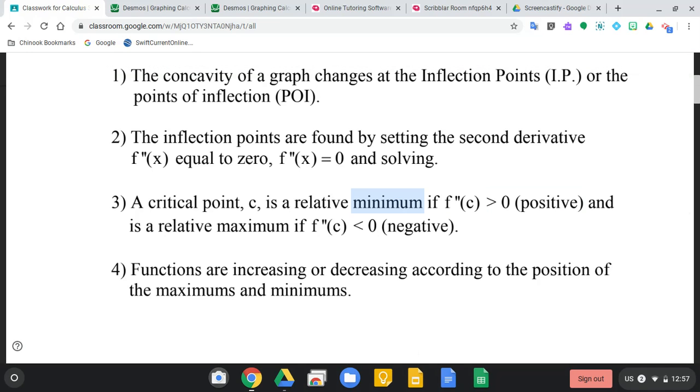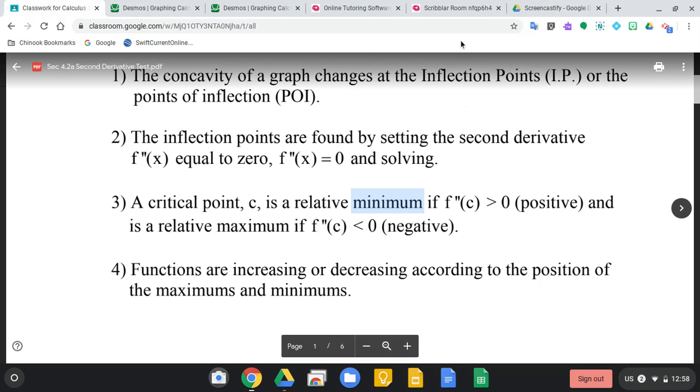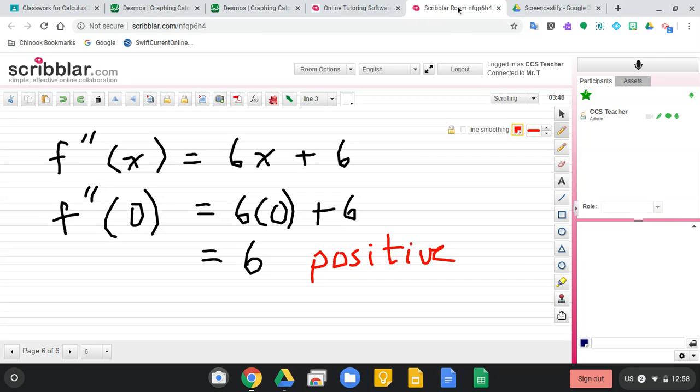So there is a minimum at 0, 0. So if I go back to my scribbler, if this is a positive value, we are saying 0, 0 is a minimum.